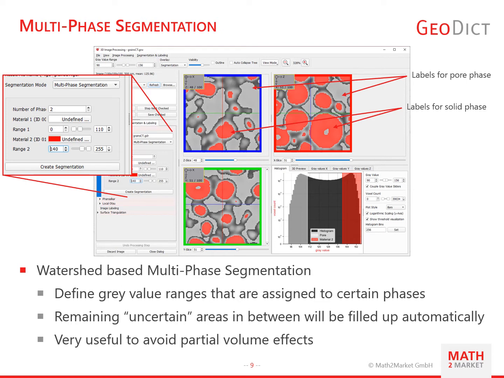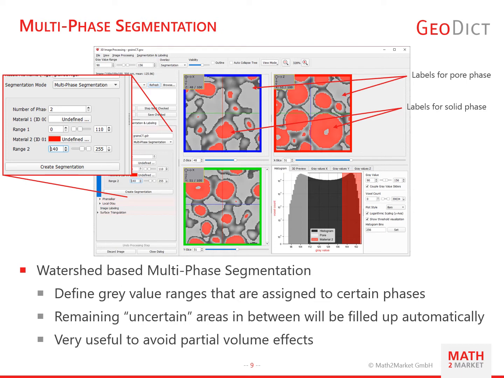This method is very useful, especially if you have examples like here, where in the middle of the grain on the top right there's an area that has a lower gray value because of the absorption of the CT and various artifacts.